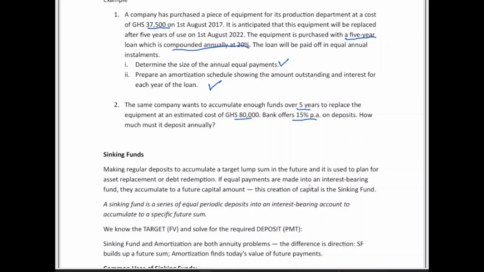So the question is, the company wants to accumulate an amount of money in 5 years to come, and they estimated the cost of replacing the equipment to be 80,000. So to do that, they want to know how much they should deposit in a bank account to be able to cater for that 80,000.